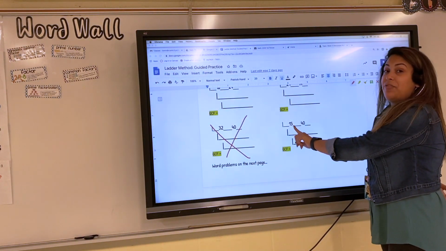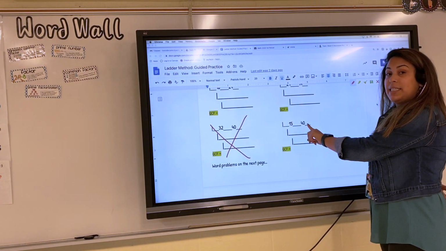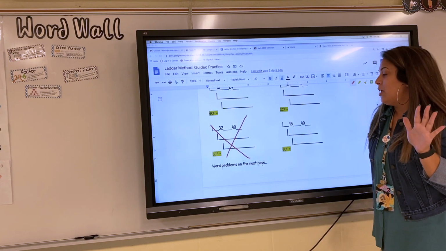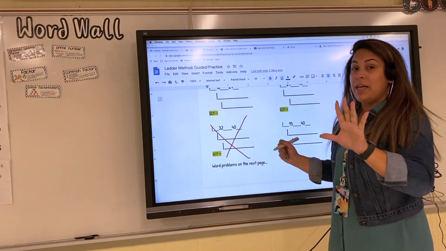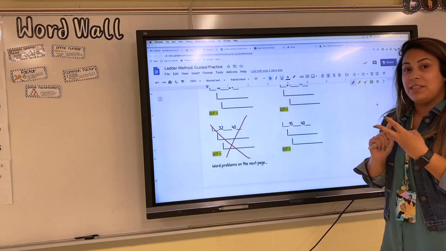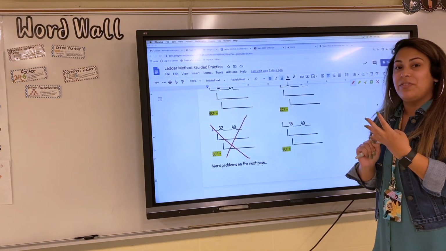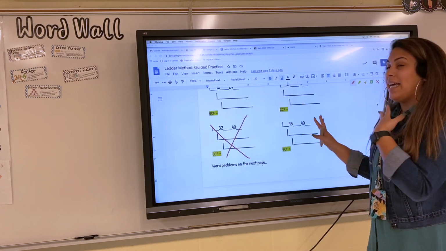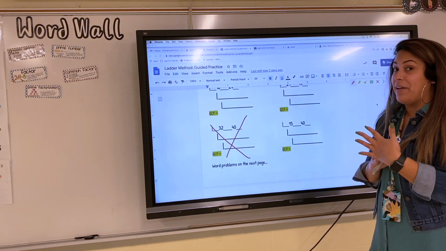If one ends in 5 and the other ends in 0, you can divide by 5. Okay? That's because, remember, if you count by 5s, every other number ends with the 5 and every other number ends with the 0. So that's why that's a little trick. You can automatically divide by 5.